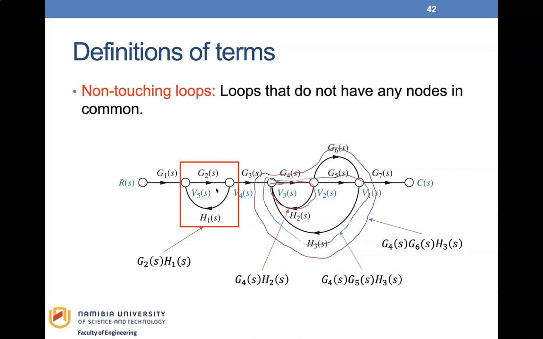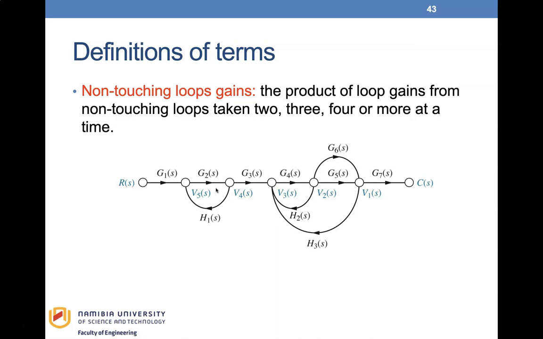And finally, we have the non-touching loop gains. These are the products of loop gains from non-touching loops taking 2, 3, 4 or more at a time. In this example, we have 3 of them.